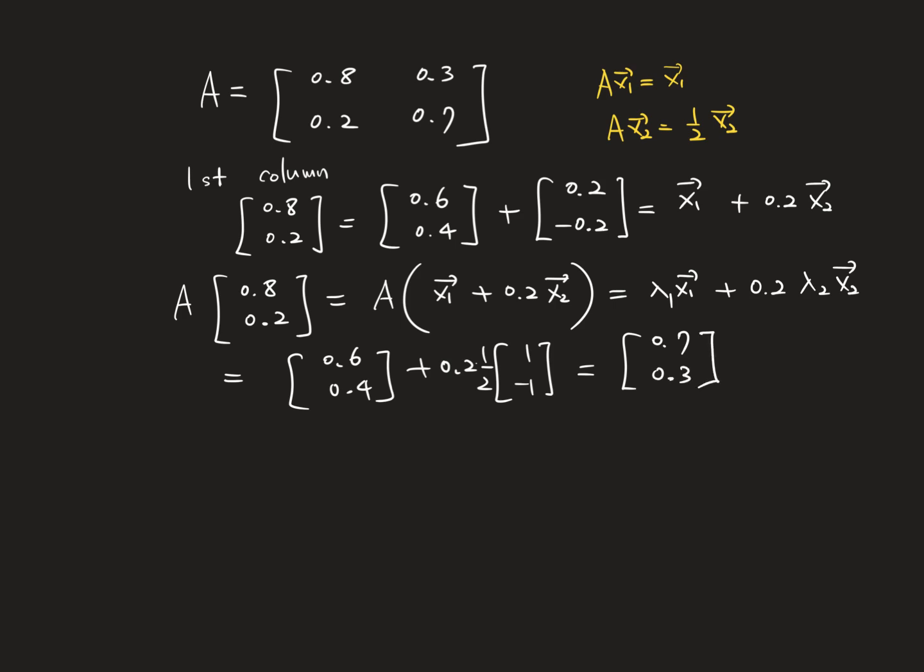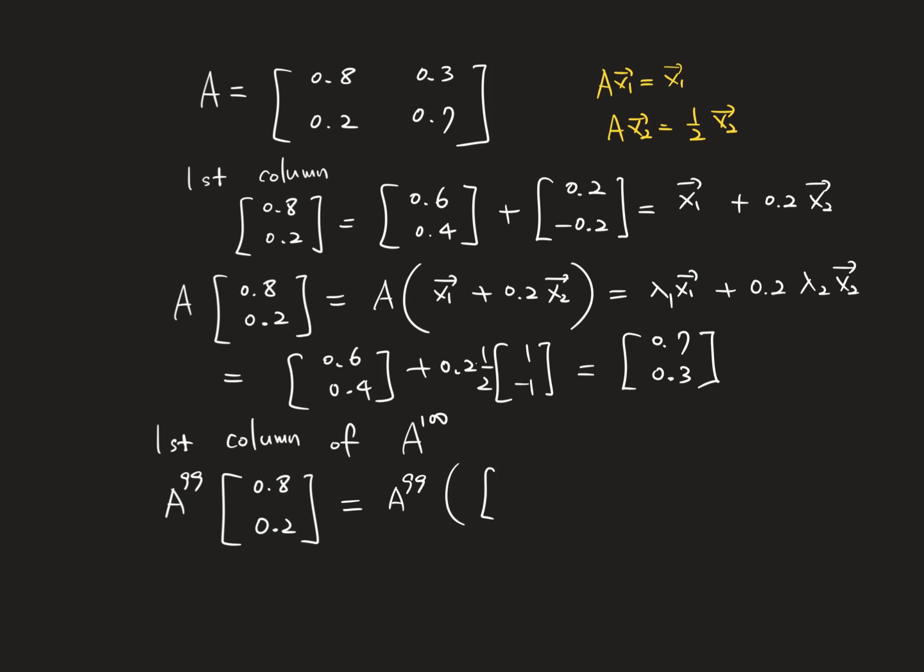And so the first column of A to the 100 will be A to the 99 times 0.8, 0.2, which is the first column of A, equal to A to the 99 times 0.6, 0.4 plus 0.2 and 1, minus 1.